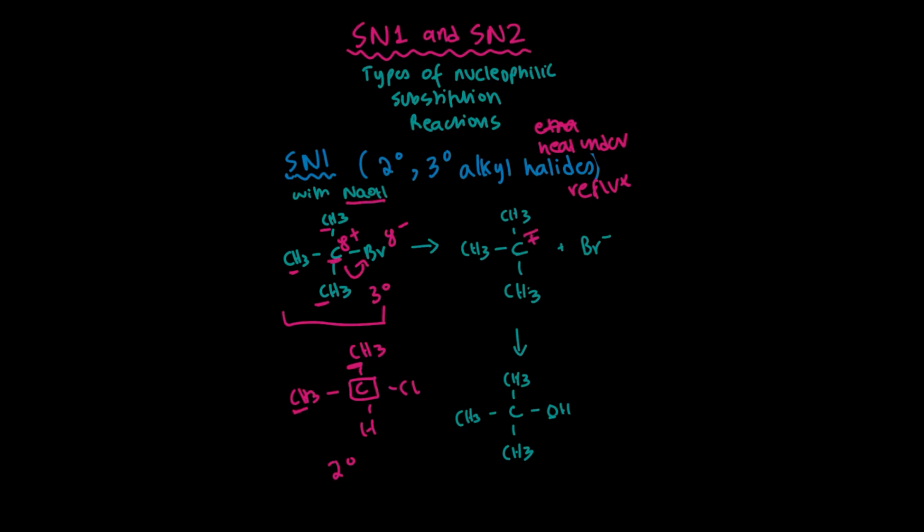Now this carbocation, since it's positively charged, is going to be attracted to the OH minus ion from sodium hydroxide, which is your nucleophile. This is going to result in the formation of an alcohol and also NaBr, because the Br minus is going to be attracted to sodium. So this is the SN1 mechanism.